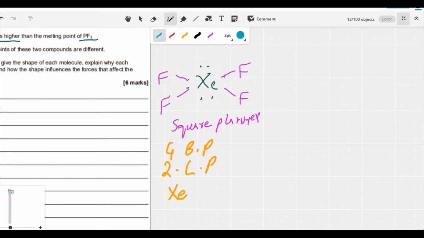Phosphorus, as you know, is in group 5, so its outermost shell contains 5 electrons. Three fluorines are combining with the phosphorus, while there will be one lone pair on it. So it will make a pyramidal shape.